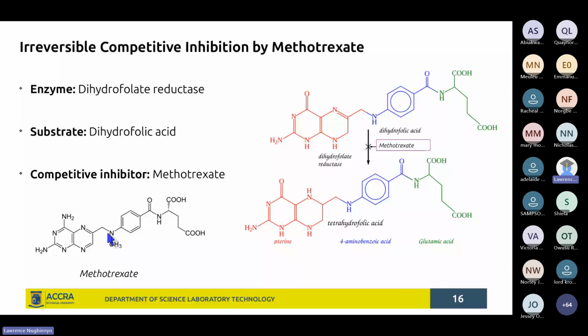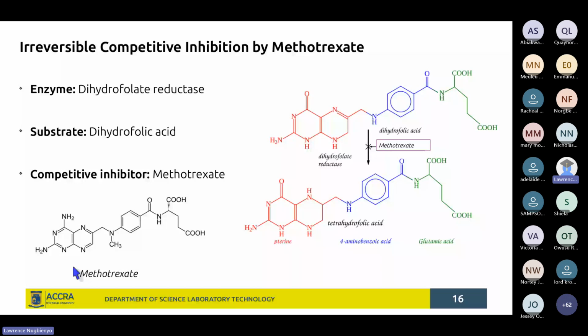Which is why in chemotherapy, you do have this effect of maybe scaling of the skin, hair loss, and fragility of the nails, because even though the medication is being taken to control the proliferation of cancer cells, it can also go to affect normal cells as well. And so you have some of these side effects there. But of course, it's much more specific than trimethoprim, as we have just seen.